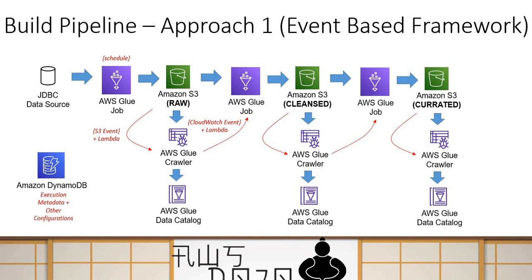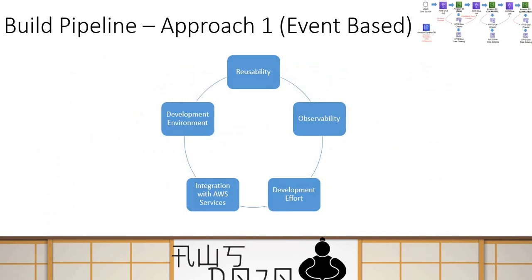Okay. So having understood how this event-based framework works, let's talk about how this method is faring against different review points. So let's think from the reusability point of view.